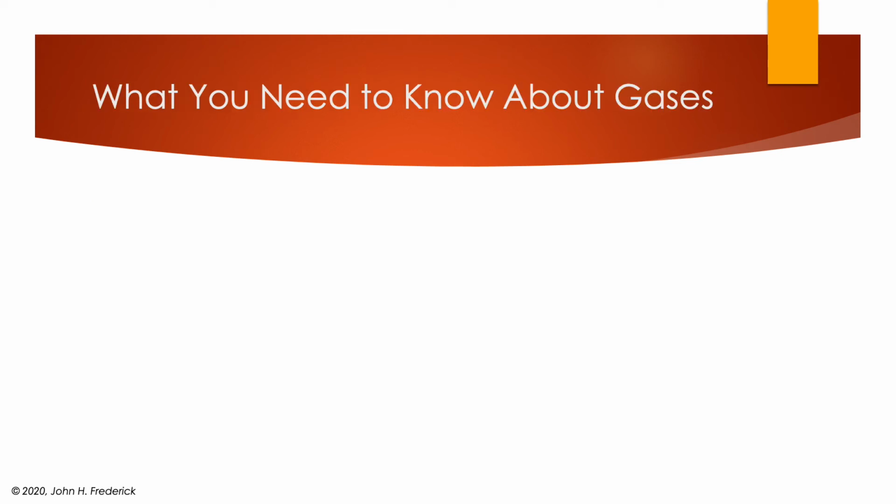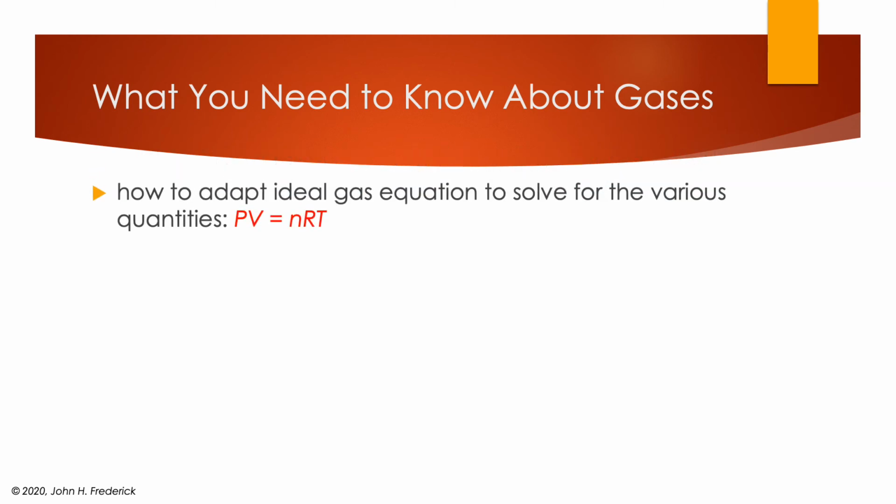Now, at this point, you probably are wondering, what is it I need to know about gases in this course? Well, it's a fairly simple list. We've gone through most of the hard stuff that you need to know. One of the things you will need to know is how to adapt the ideal gas equation and solve for the various quantities in it. So in other words, be able to take PV equals nRT and solve for each of those quantities in terms of the others.